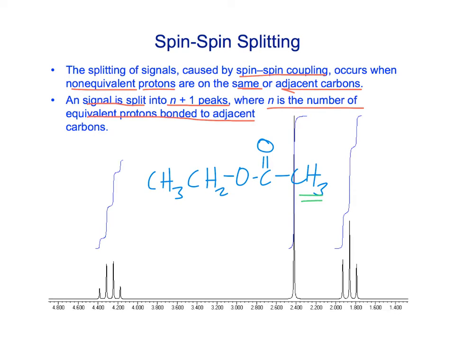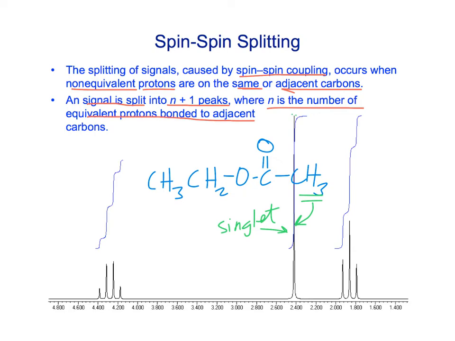We looked at its chemical shift already, but notice we said it was this signal here. That one is just a single tall peak. And we call this peak a singlet. And it's a singlet because there are no protons on the adjacent carbon. Right, there's just that carbonyl carbon.